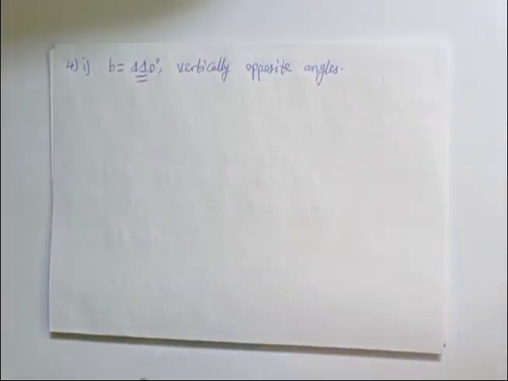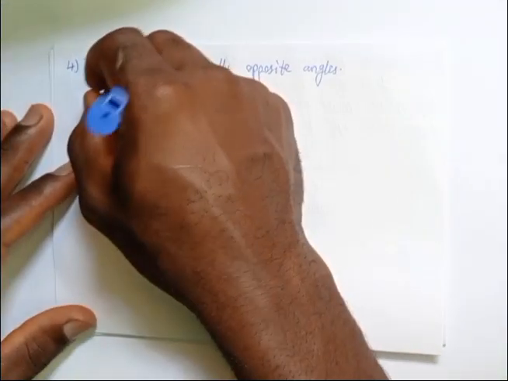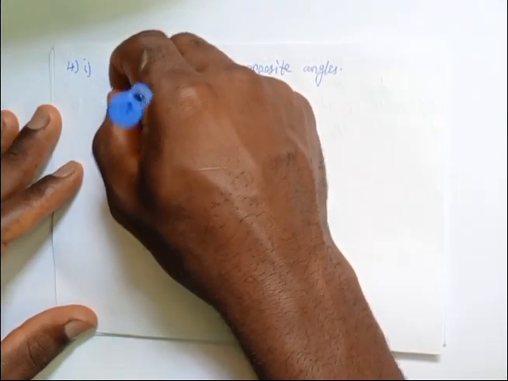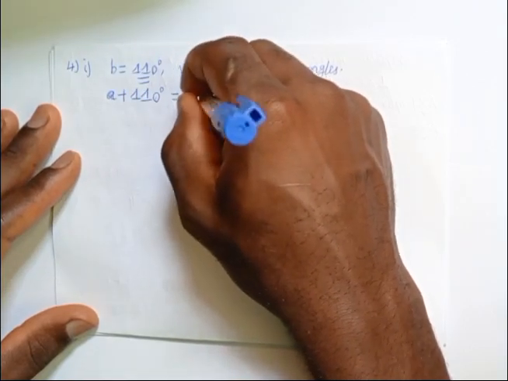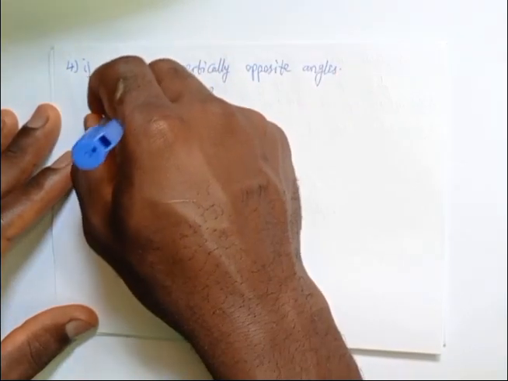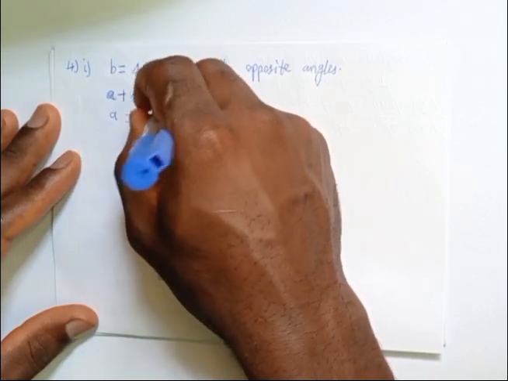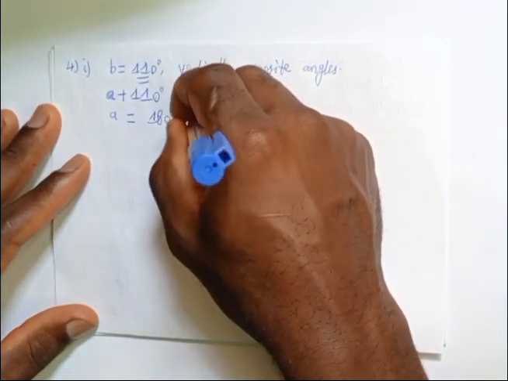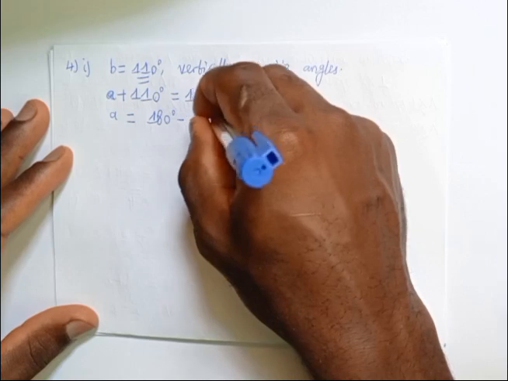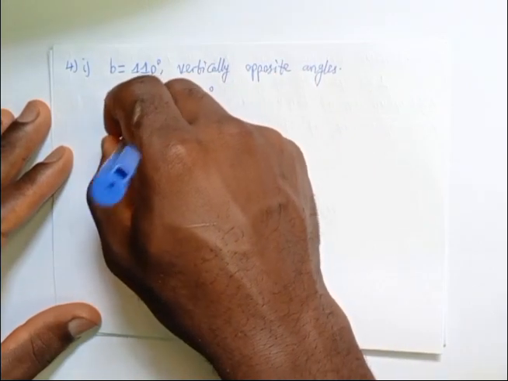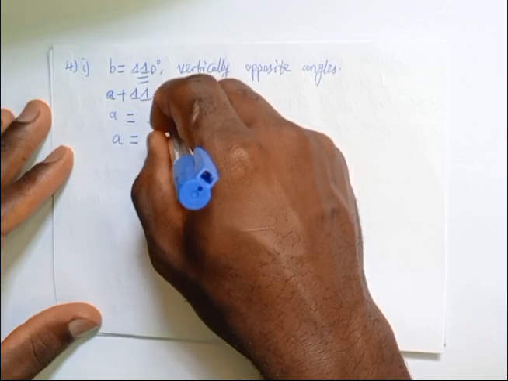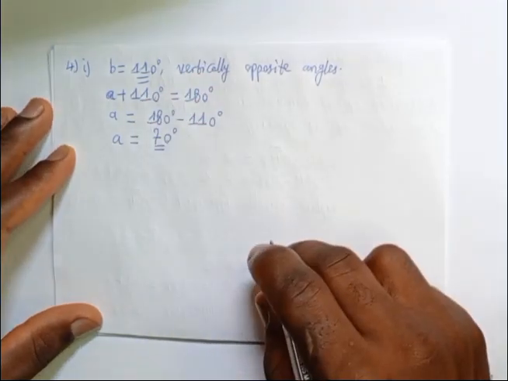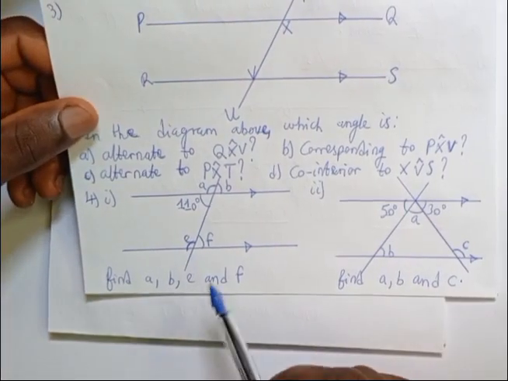A plus 110 degrees is equal to 180 degrees. This will give us A to be equal to 180 degrees minus 110 degrees. The angle A will simply be equal to 70 degrees.